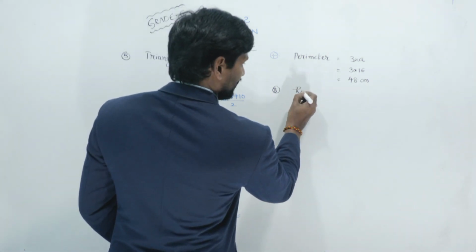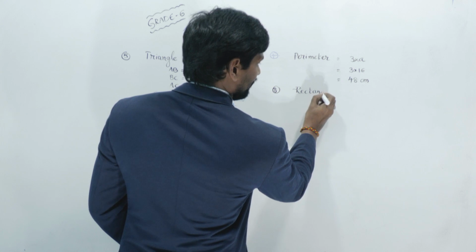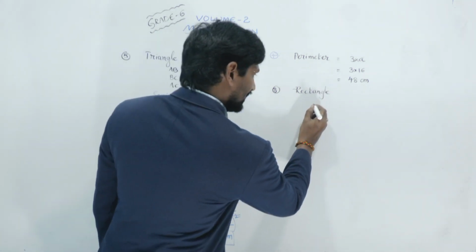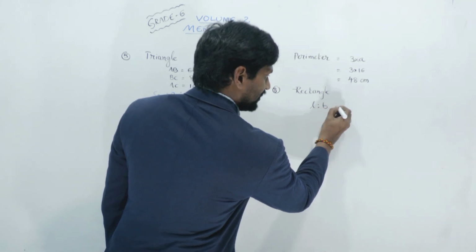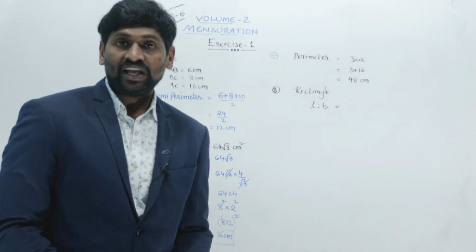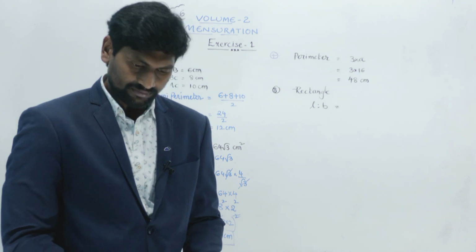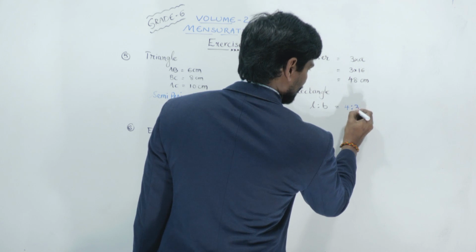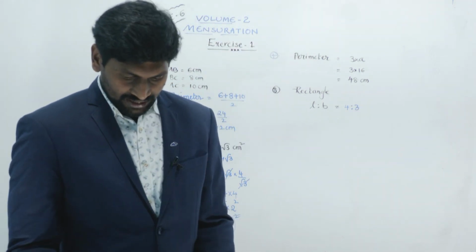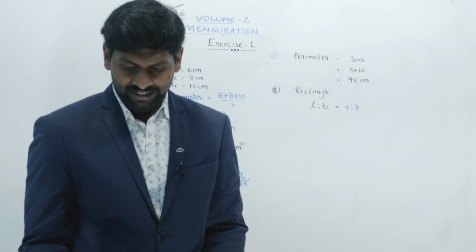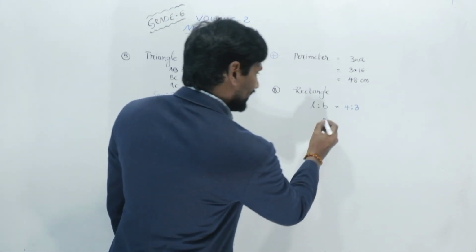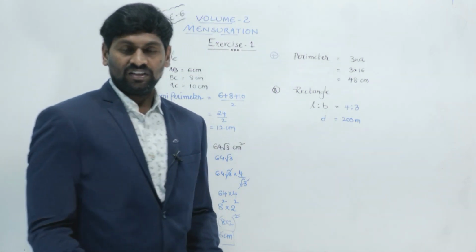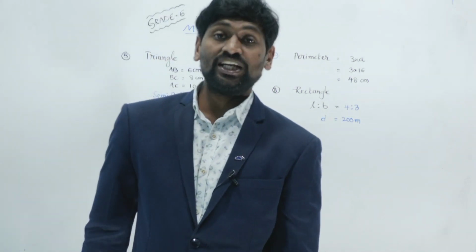Here the rectangle measurements are given as the length and breadth ratio, L is to B is 4:3. Now the diagonal D is 200 meters, and we need to find the area of the field.